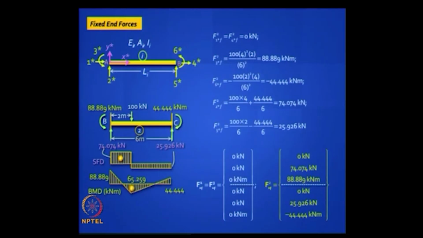What is the next step? You have to switch from local to global. How do you do that? You just have to pre-multiply with the transpose of the corresponding TI matrix and you put alongside the linking coordinates.